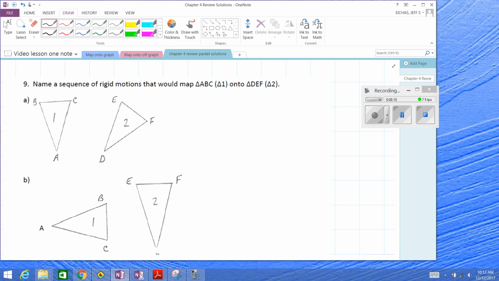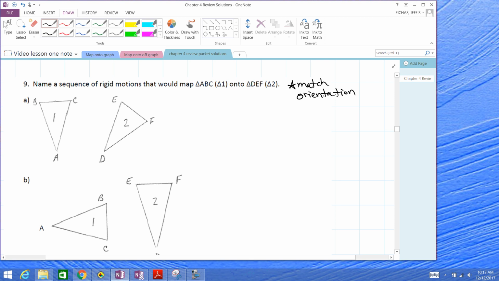So our process is consistent. We need to match orientation first, is how I show my students. If orientation is off, what we do is we line reflect. We can be strategic about that line reflection or just any random side, that'll work.